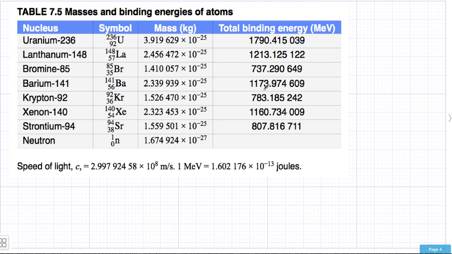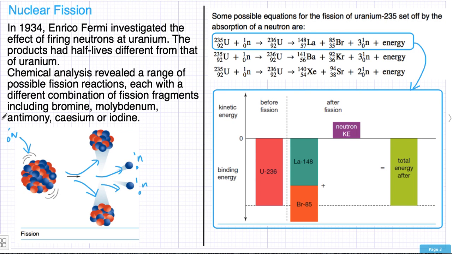Now, you can see they're all different. You can see here that, for example, uranium has a higher binding energy. It's more stable than the products that spring out from it. But in order for this equation to essentially balance, you can see here that you've got these two elements together have more energy than what you started with.